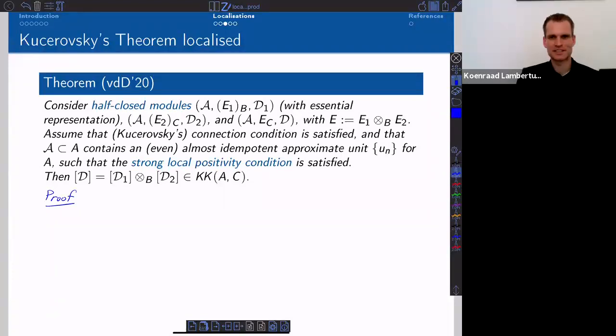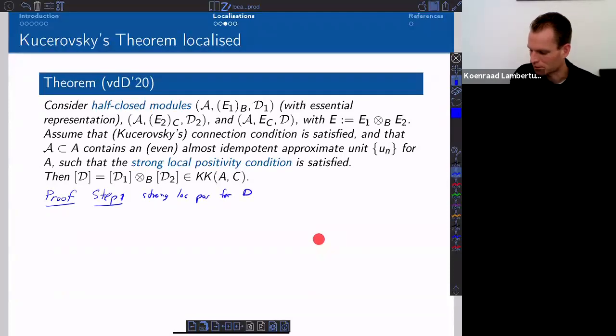But okay, let me briefly sketch the main steps in the proof. So step one. Basically the idea is that we assume this strong local positivity condition for our original operators D and D1.